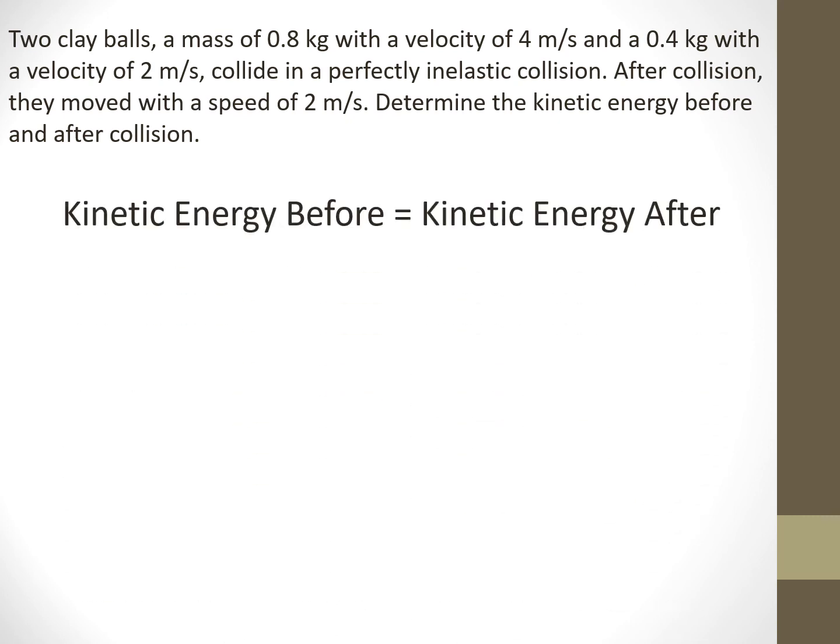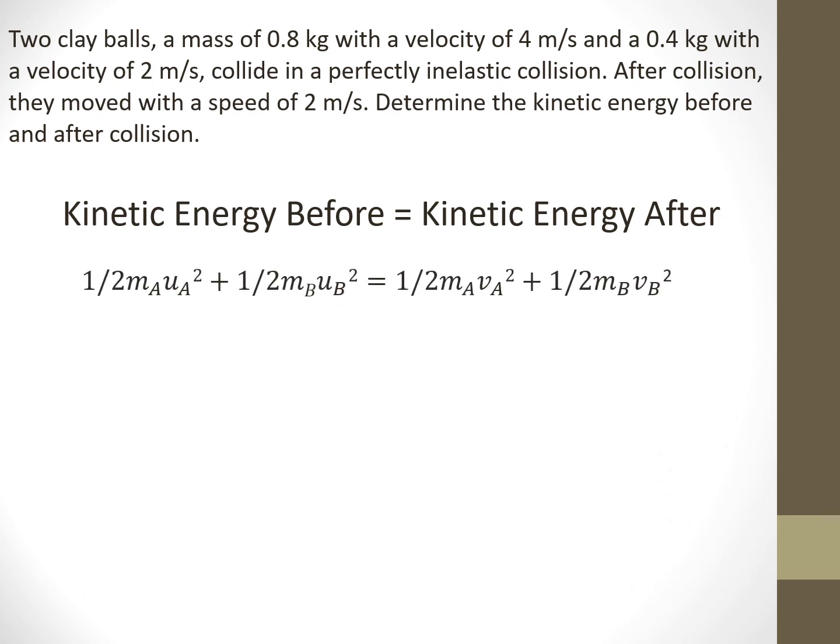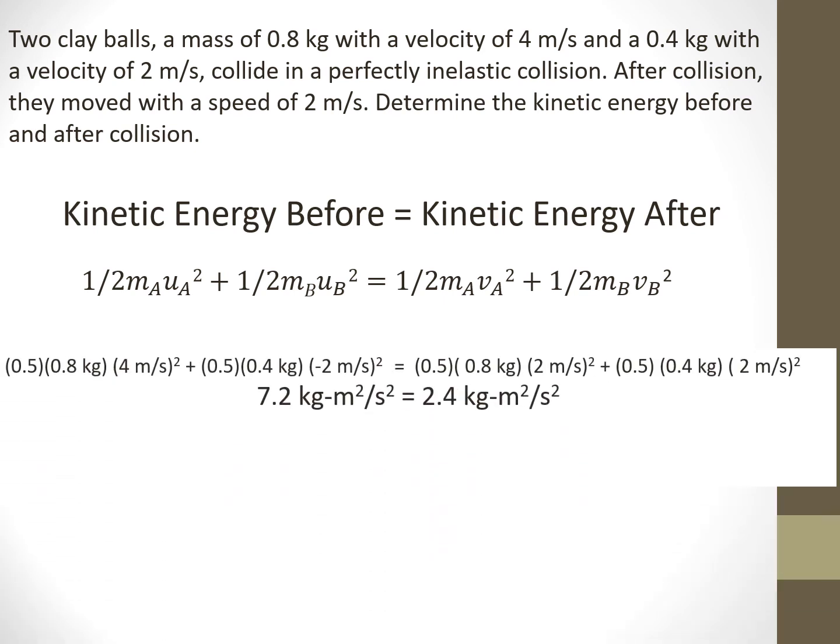Using our equation for kinetic energy and substituting the given quantities, we were able to compute that the kinetic energy before is 7.2 kg meter squared per second squared and the kinetic energy after is 2.4 kg meter squared per second squared. The kinetic energy before is not equal to the kinetic energy after.